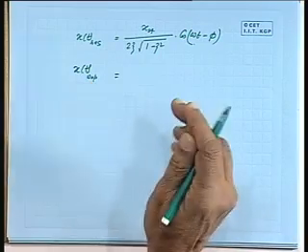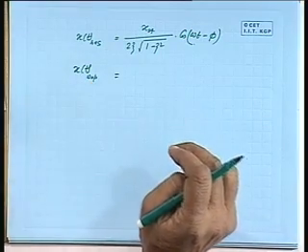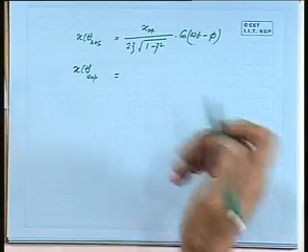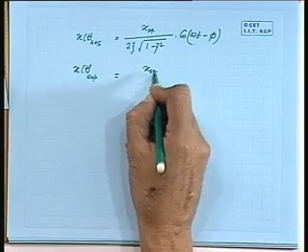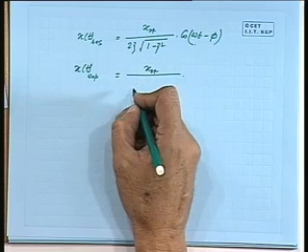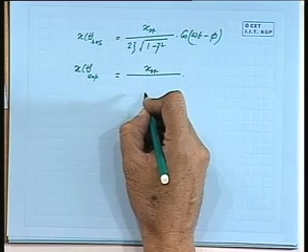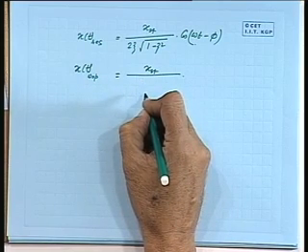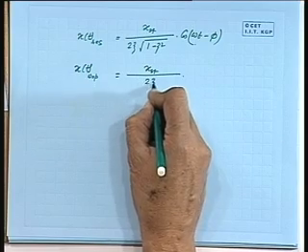What happens? When omega is equal to p, capital omega is equal to 1, and then if you substitute that value here, what you will get is 2 zeta square half, so 2 zeta.